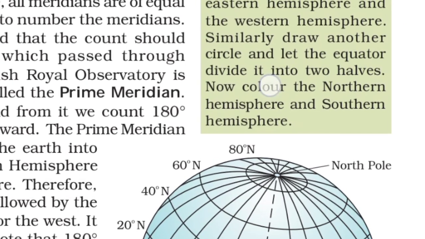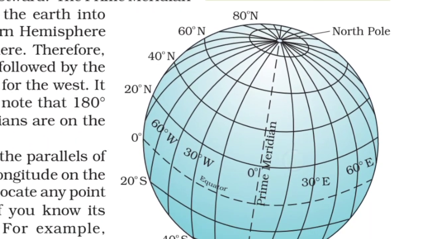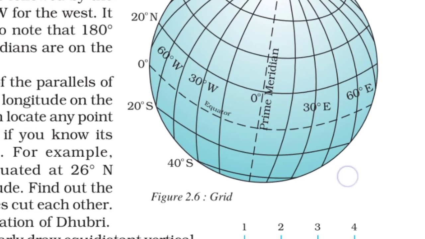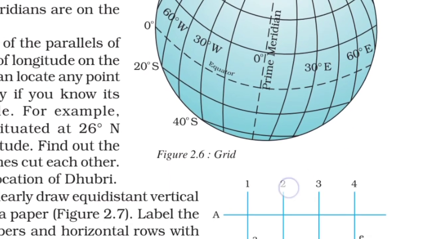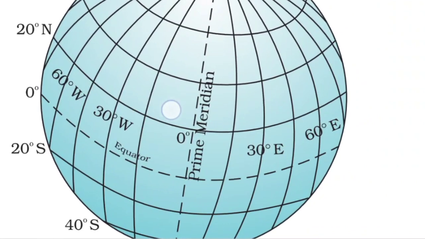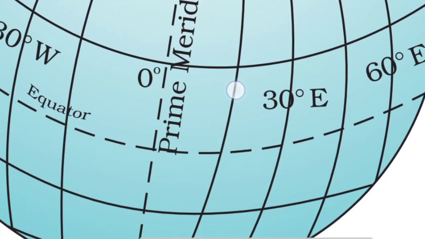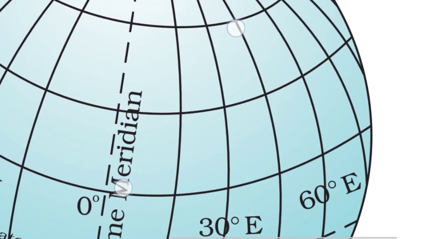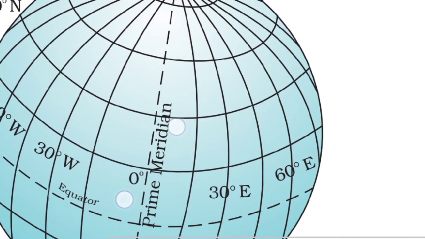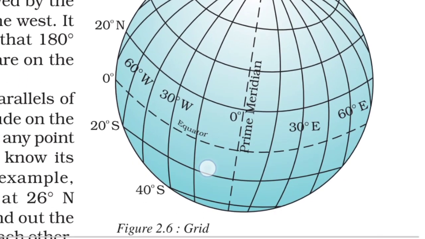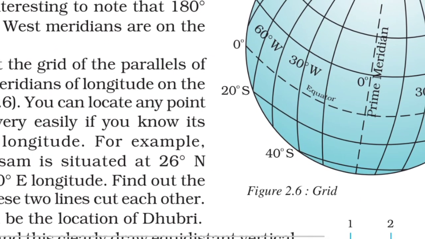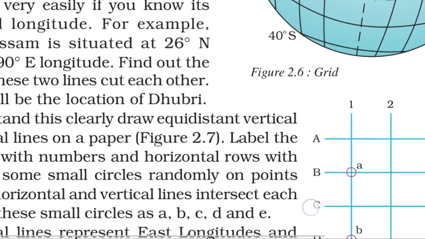Look at the grid of the parallels of latitude and meridians of longitude on the globe. To understand this clearly, draw equidistant vertical and horizontal lines on a paper and label the vertical rows with numbers and horizontal rows with letters. Draw some small circles randomly on points where these horizontal and vertical lines intersect each other.